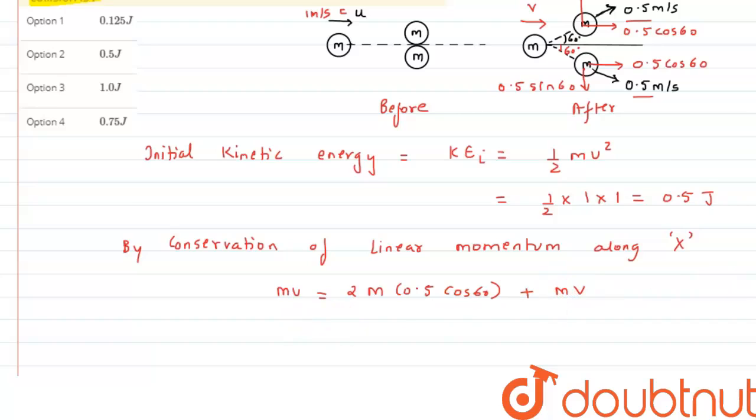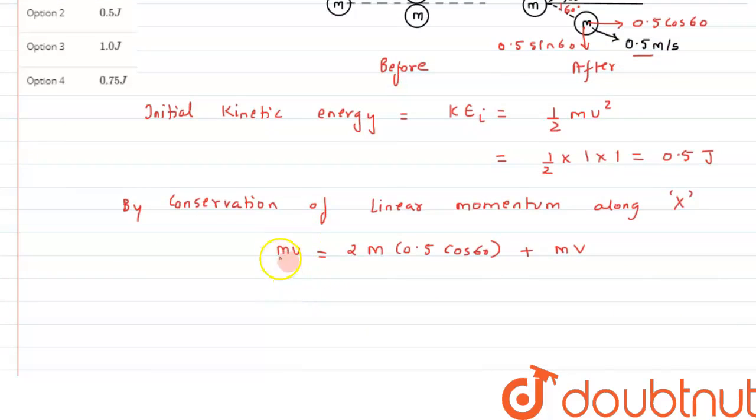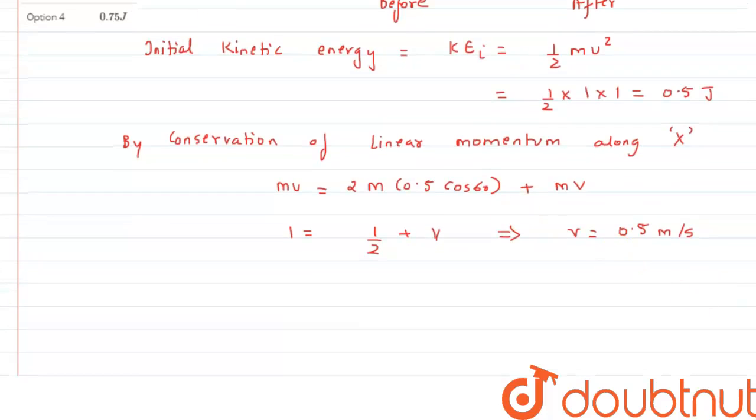So m from both sides can be cancelled out. This value will be 1, and cos 60 value is half, plus v. Therefore the final velocity of particle 1, v, will be 0.5 meter per second.